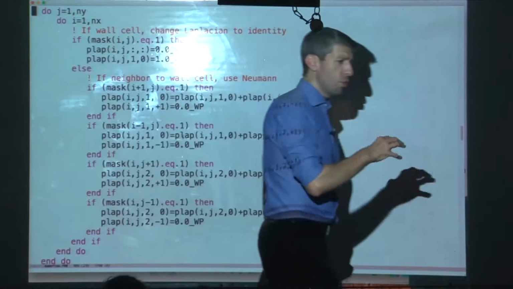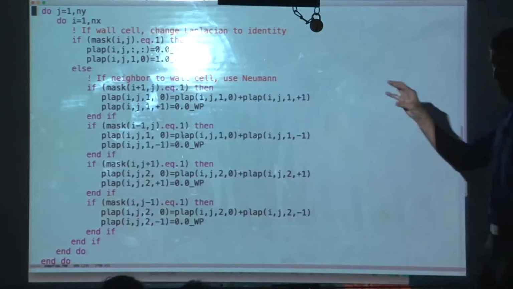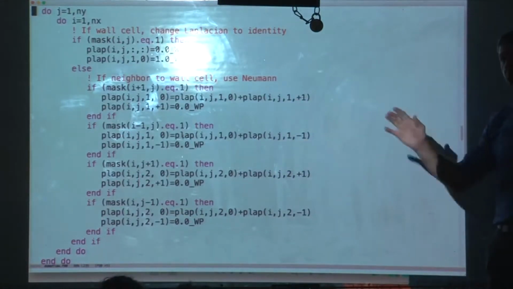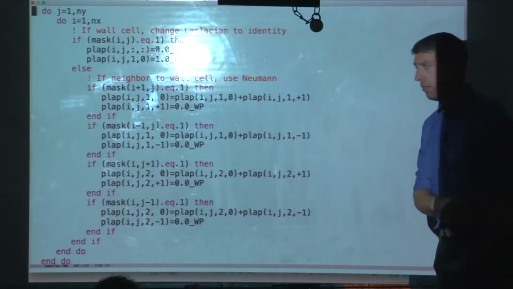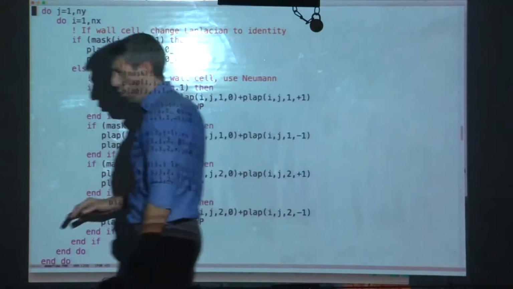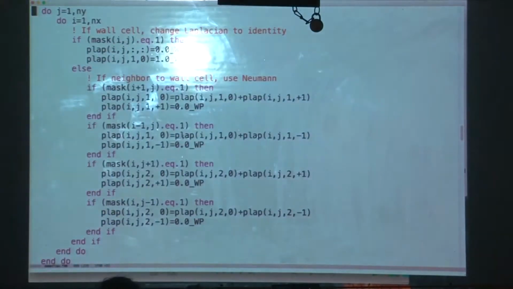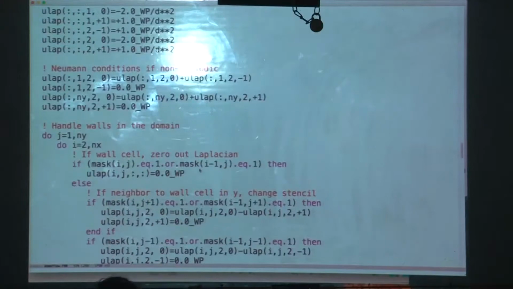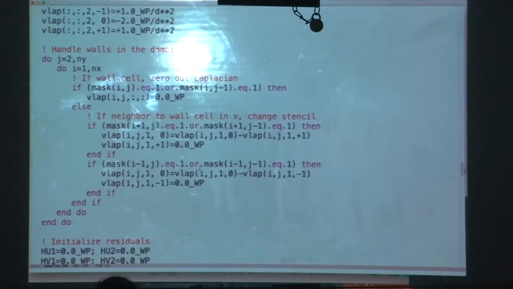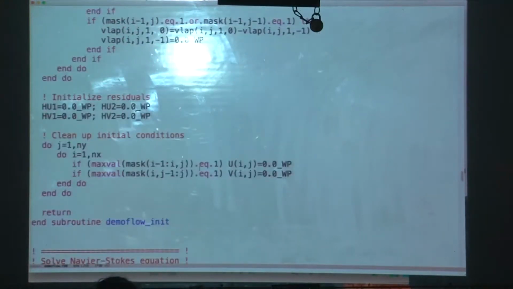It allows me to create modified operators that contain the information of where the walls are, so that I never have to do if statements later as we continue the calculations. So again, we can talk more about that later. If you're interested, you are welcome to treat it as a black box. It is reasonably readable. It is not too much there. So I'm doing that for the pressure. I'm doing that for the Laplacian used for the u velocity, and then for the Laplacian used for the v velocity. And then we're essentially done.